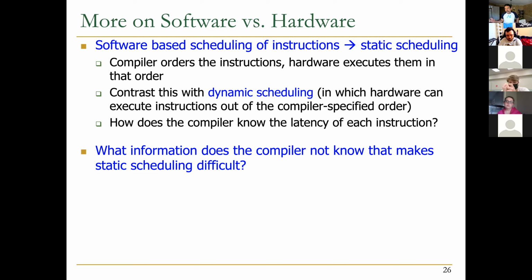But if you know about the latency of each instruction, maybe it's better to execute, for example, the shortest one first. This is one strategy, shortest one first. Another strategy, the longest one first, right? Another strategy, in a random way.